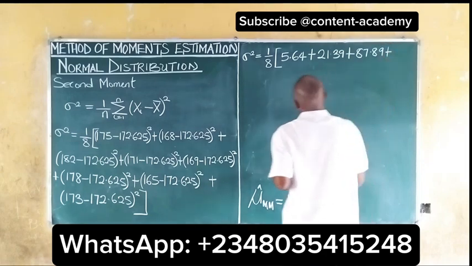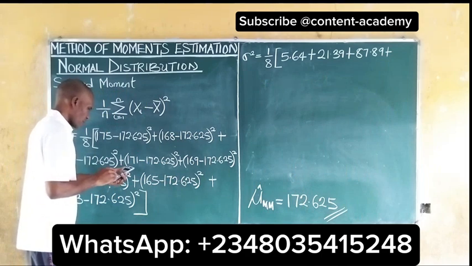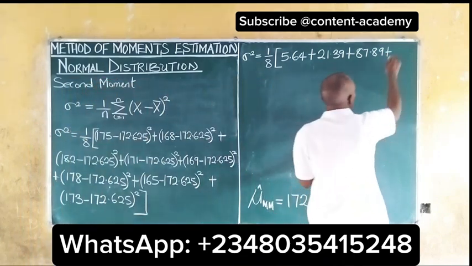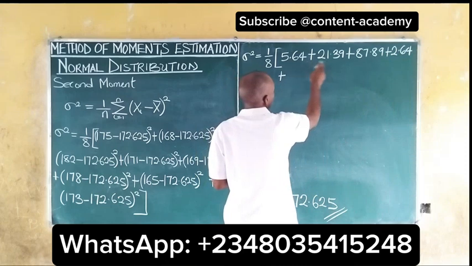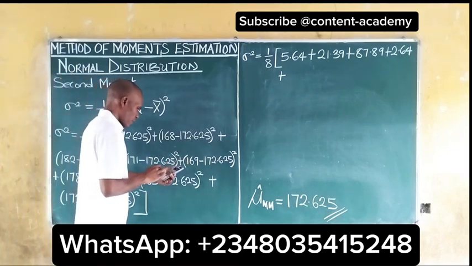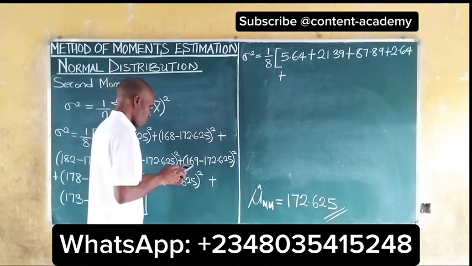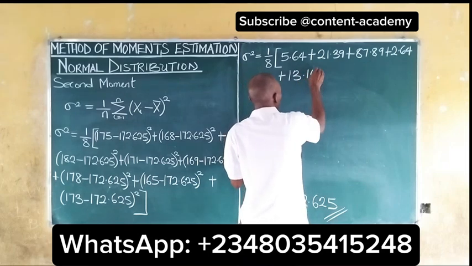Plus the fourth one, 171 minus 172.625 squared, which is 2.64. Plus the fifth one, 169 minus 172.625 squared, which is 13.14.